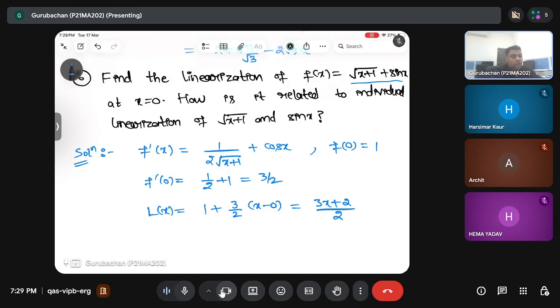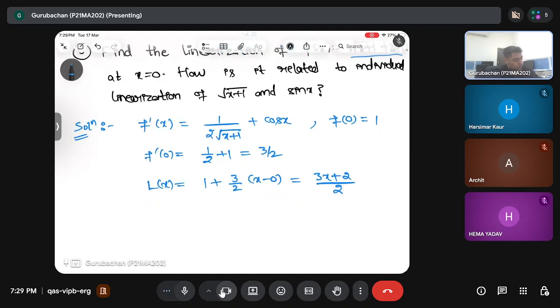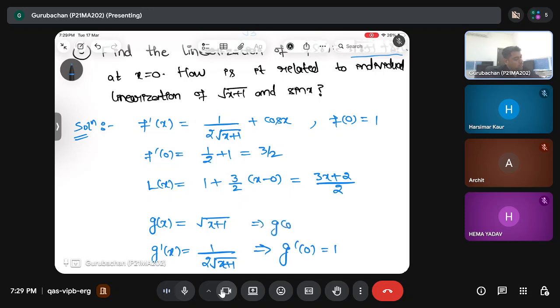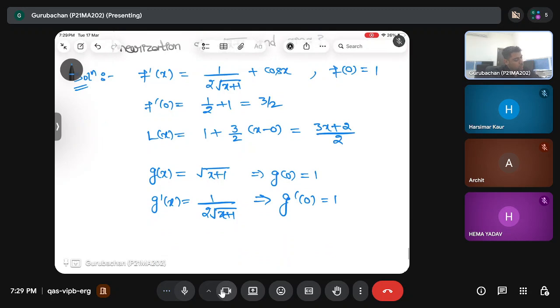Now we have been asked to compare with the explicit linearizations. So I'm taking g(x) as root of x plus 1. So g'(x) will be 1 by 2 root of x plus 1. From here you can say that g'(0) is 1 by 2, and g(0) is 1. So the linearization of g, I'm denoting it L1, will give you 1 plus 1 by 2 times (x minus 0), which is x by 2 plus 1, or can be written as (x plus 2) by 2.